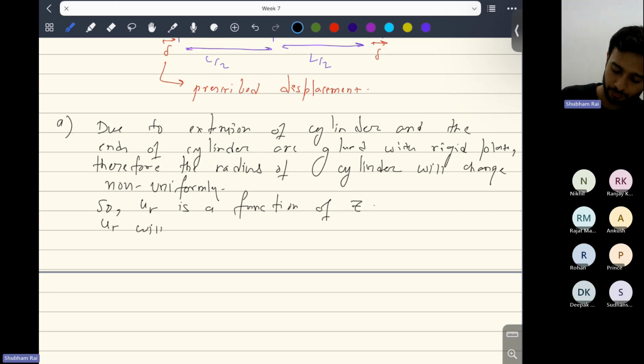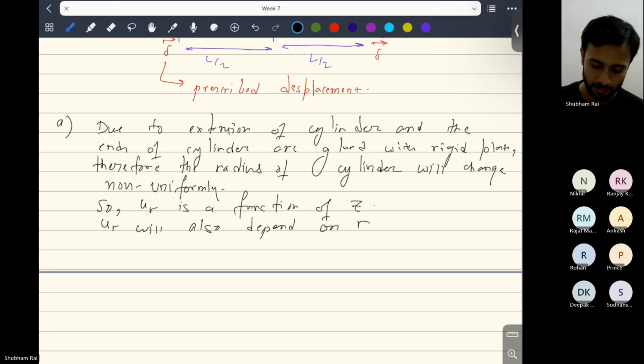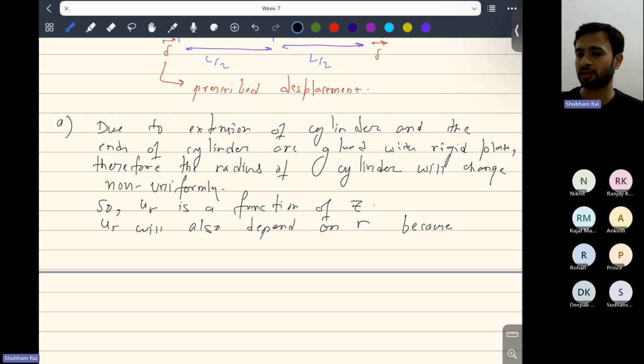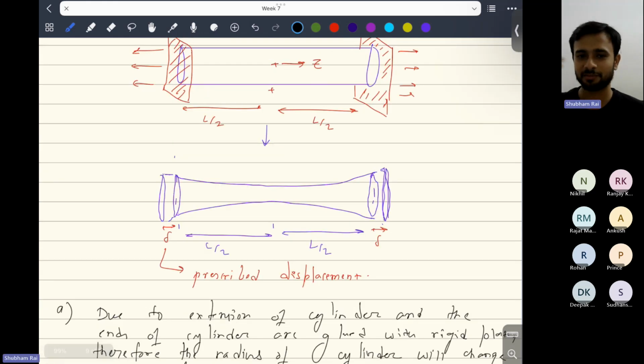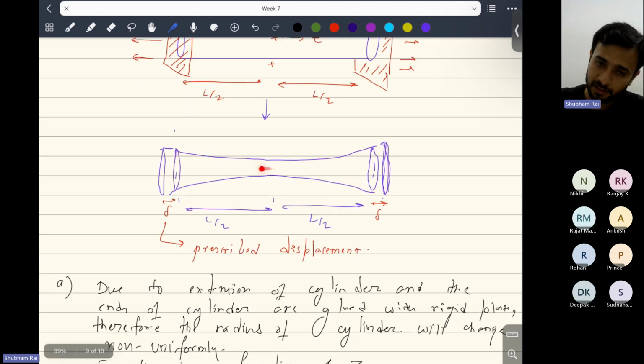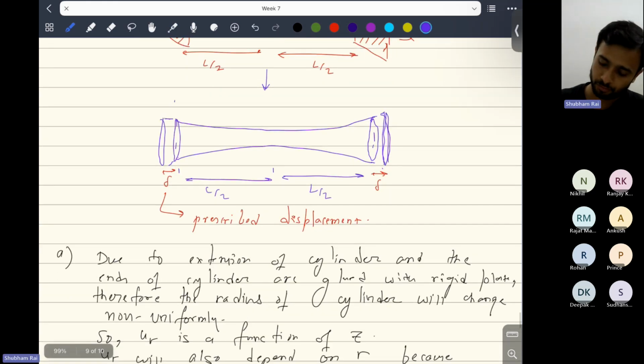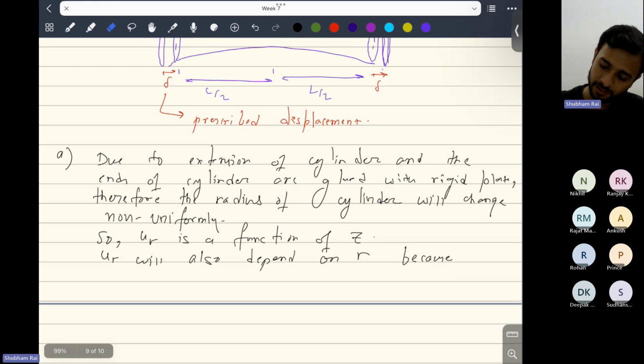UR will also be a function of r. You can say that UR will also depend on r, because it is a solid center, so obviously radial displacement will be zero at the center, right? It will be thick only because it is a solid cylinder. It will be thin also, but yeah. So at the center, radial displacement will be zero, and there will be some radial displacement when you have some finite radius. That's why it's varying across r.